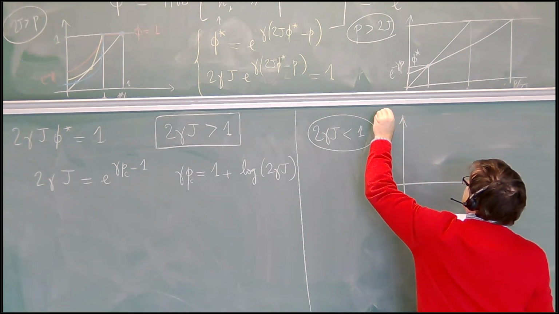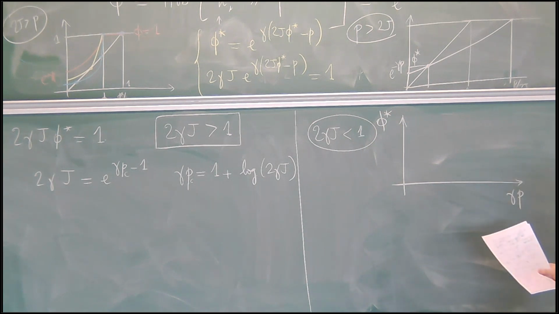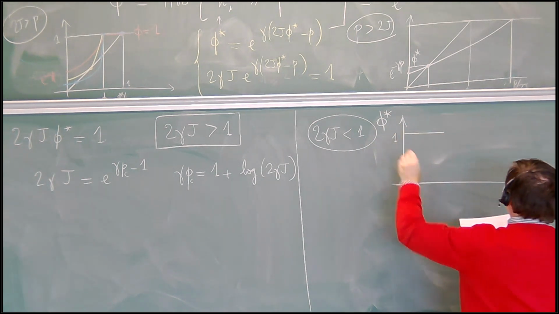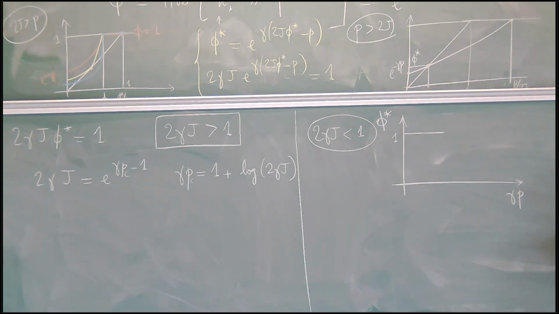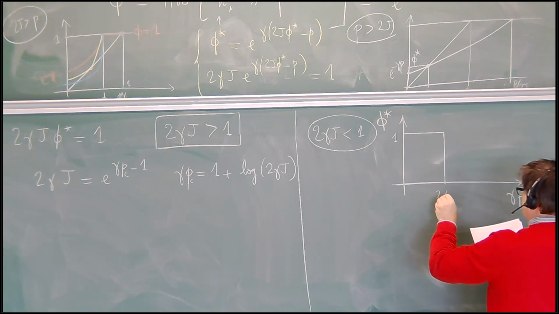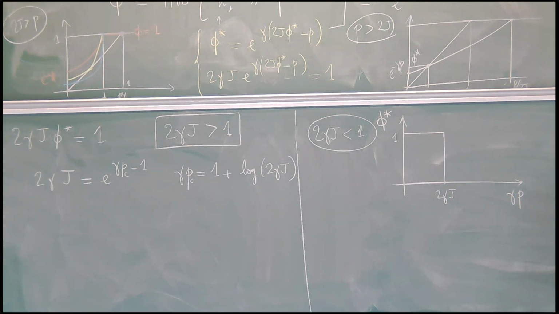So I'm drawing phi star, the unique phi star. It's equal to 1 if gamma p is small enough, up to 2 gamma j. When gamma p is equal to 2 gamma j, then the curve starts going down. It goes down like this.